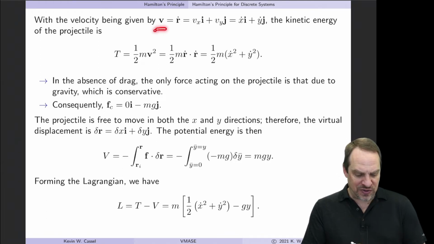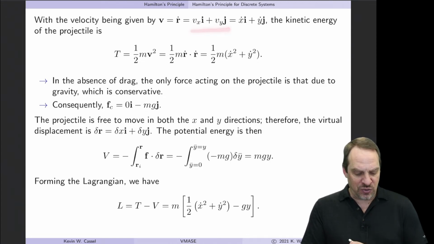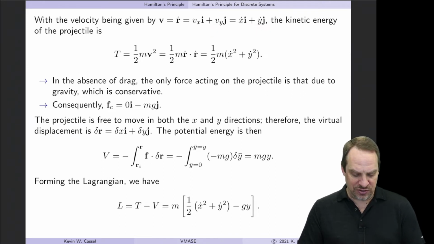So v, the velocity, is the time rate of change of position r, and so that's v sub x i plus v sub y j, again in 2-dimensional Cartesian coordinates. Well, the velocity in the x direction, that's just dx dt, so that's just x dot i plus the velocity in the y direction, y dot, dy dt, in the j direction.